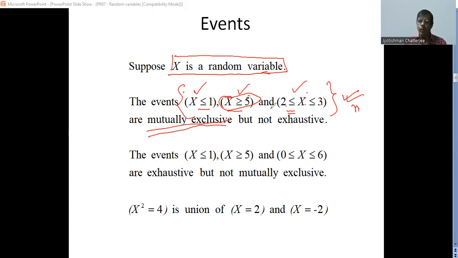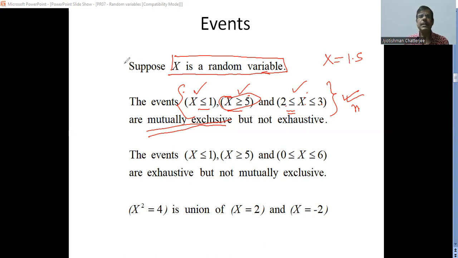The answer is no, because here we are considering a general random variable. I have not told you which random variable we are considering, what the corresponding experiment is, and so on. So without knowing that, we don't know if capital X equal to 1.5 is a possible value.